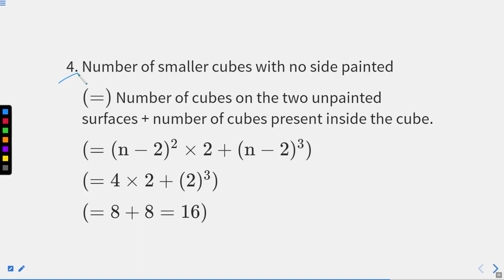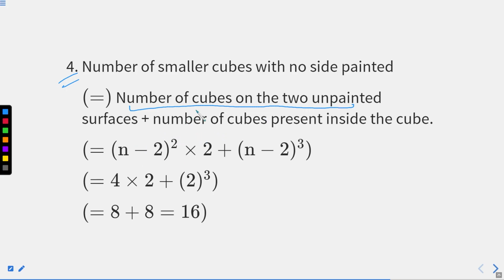Now, the fourth part is, definitely, we are talking about cubes in which no side is painted. I hope you are clear with this part as well. So it means the number of cubes on the 2 unpainted surfaces plus the number of cubes present inside.